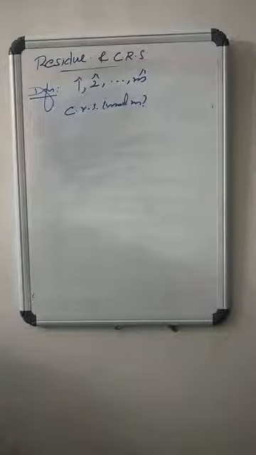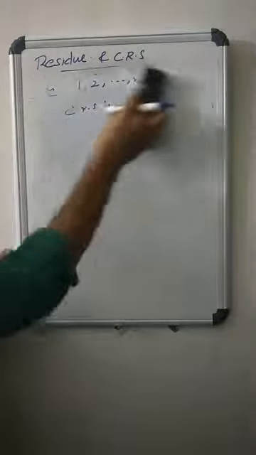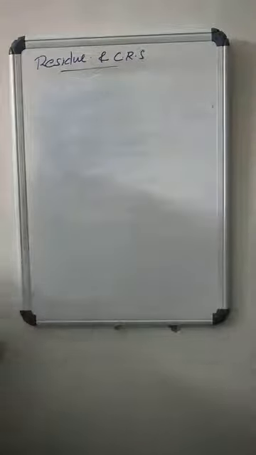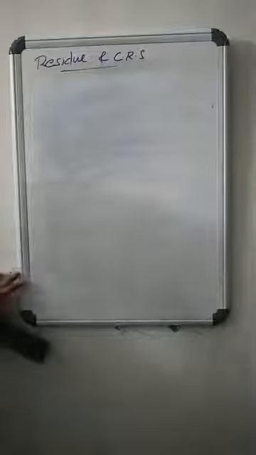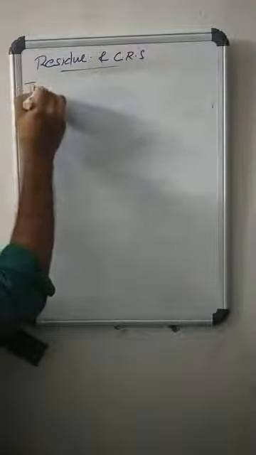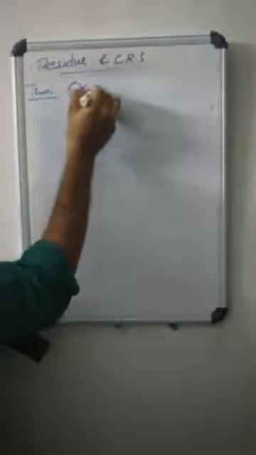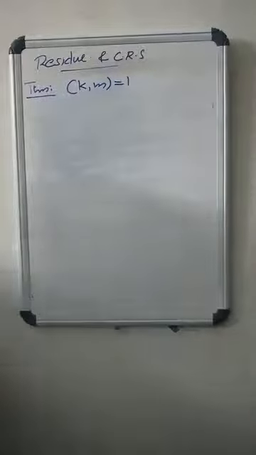So now we consider a theorem. Assume k and m are relatively prime to each other.